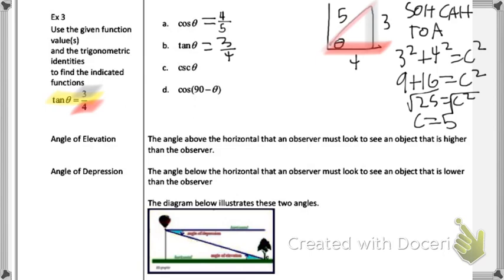Cosecant of theta: sine of theta is opposite over hypotenuse, so that's 3/5. But it's asking for cosecant of theta, so you just do the reciprocal of 3/5, which is 5/3.